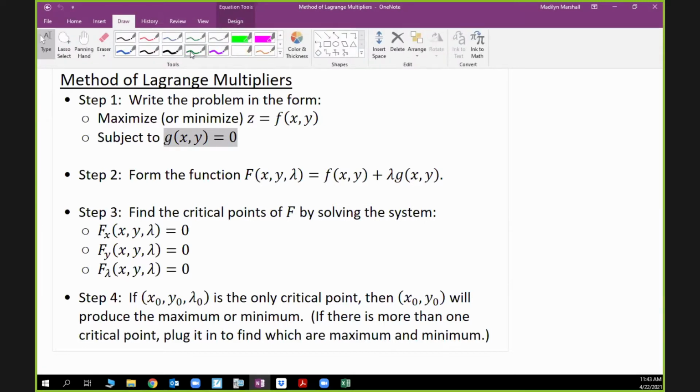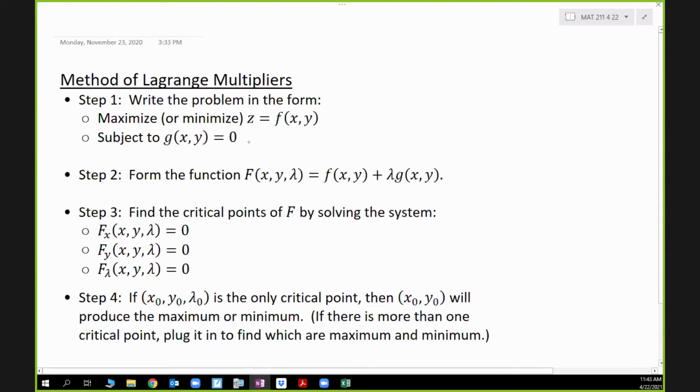This is our constraint, which in our situation is going to be a budget. That's going to put a limitation on our function that we're trying to maximize or minimize. The rest of these we will get to as we're doing the problem because it will be easier to understand what we're doing with an example.